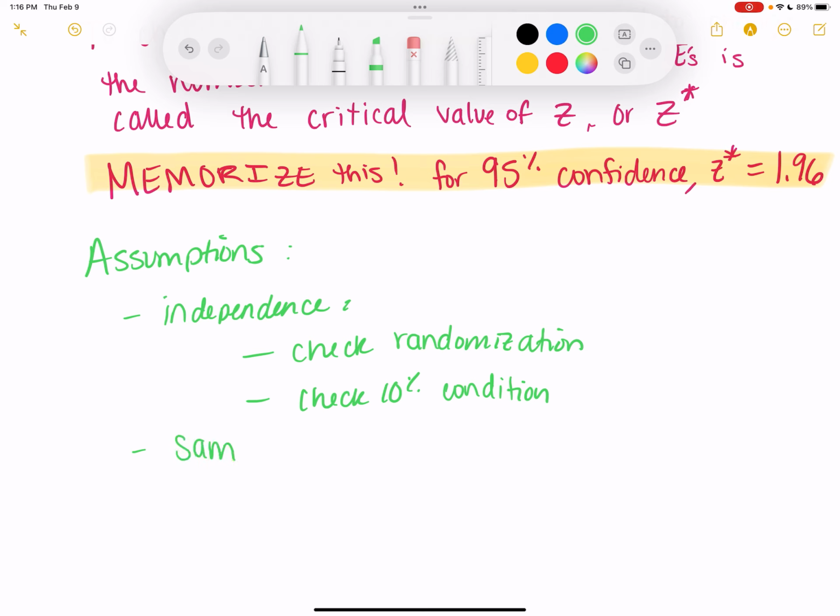Sample size. We're looking at success failure: np greater than or equal to 10, nq greater than or equal to 10.